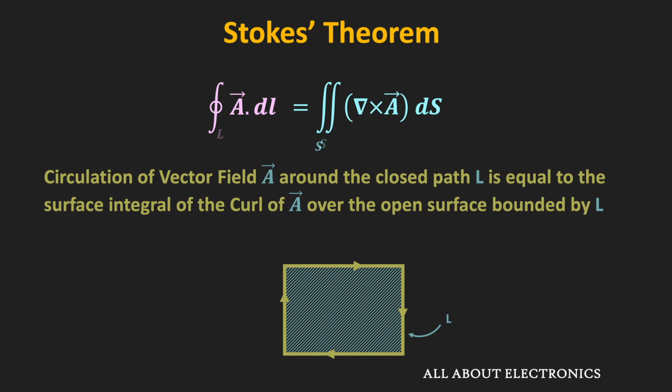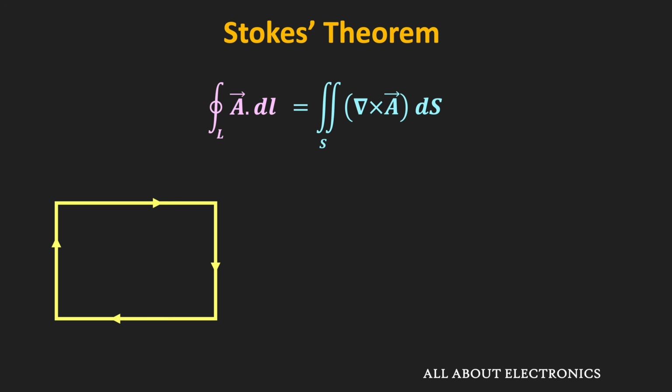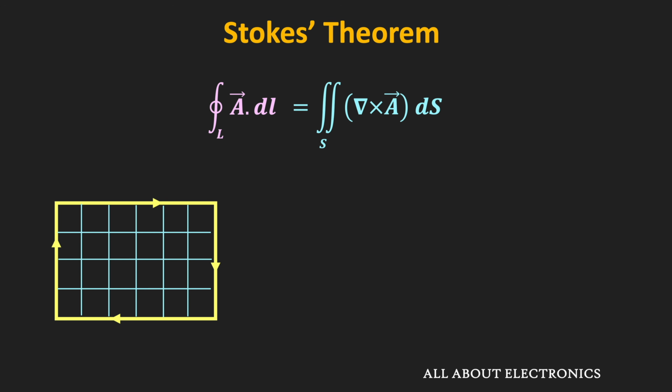Let's say we have some surface area S, and for simplicity we are taking a rectangular area. Now let us divide this area into n number of segments, where n is a very large number.